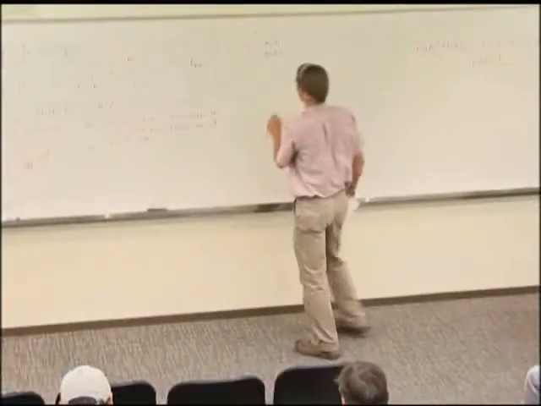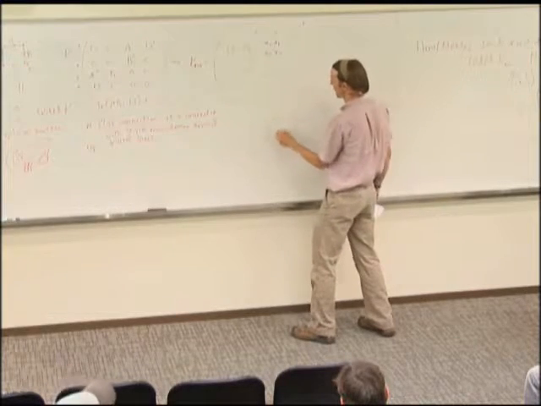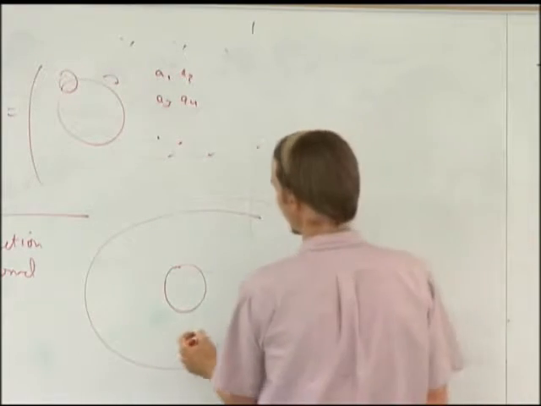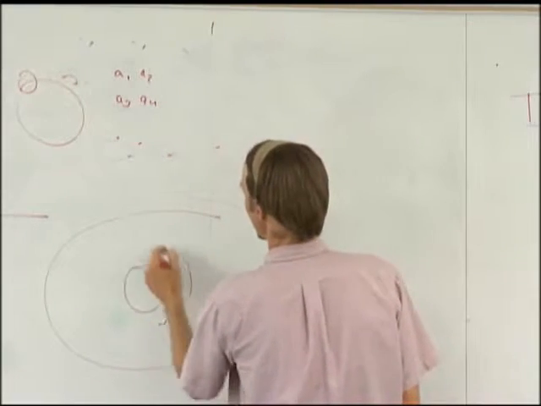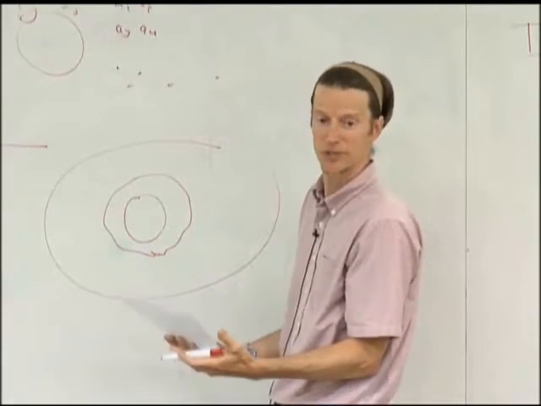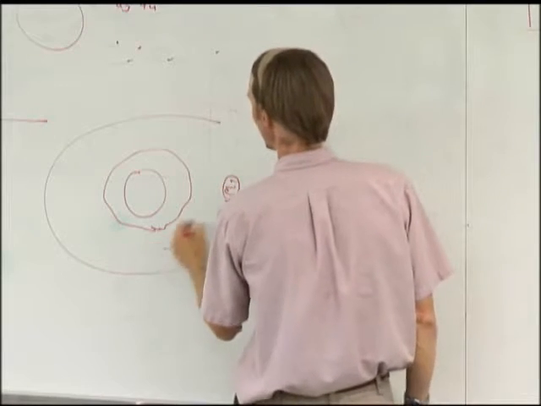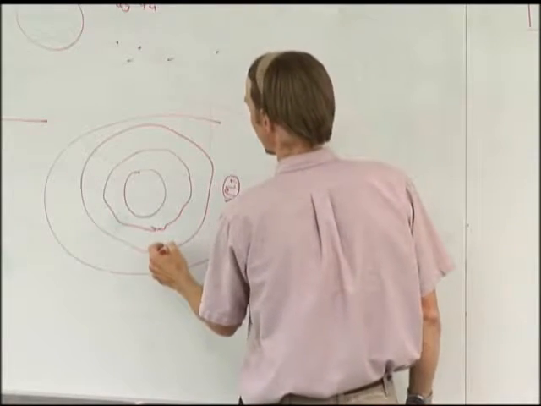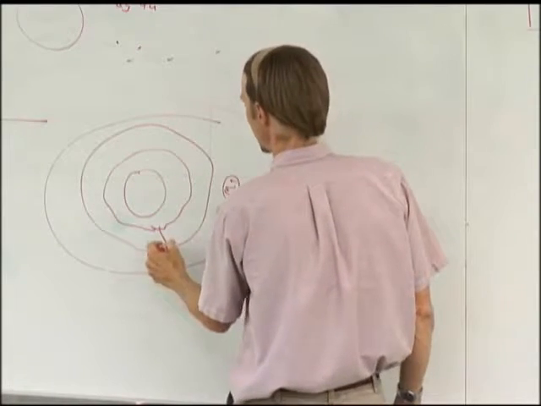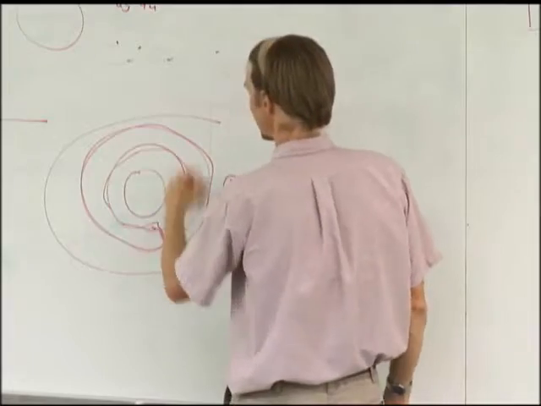Another setting is if you just have a graph on an annulus. What's a flat connection on an annulus? Well, if you have a loop which goes around the annulus, you get a potentially non-trivial matrix. But if you have two loops which go around, then the monodromy around here is going to be conjugate to the monodromy around there, because if I go around this way and then go back around this way, that's a topologically trivial loop.